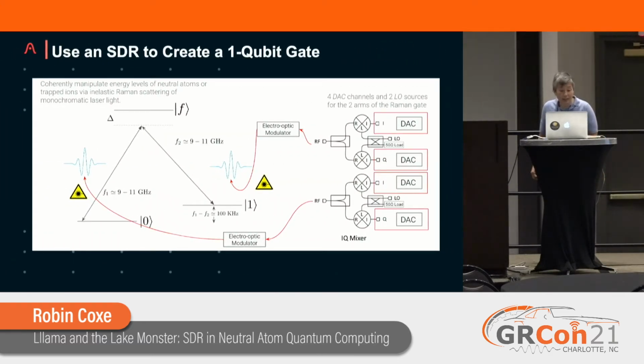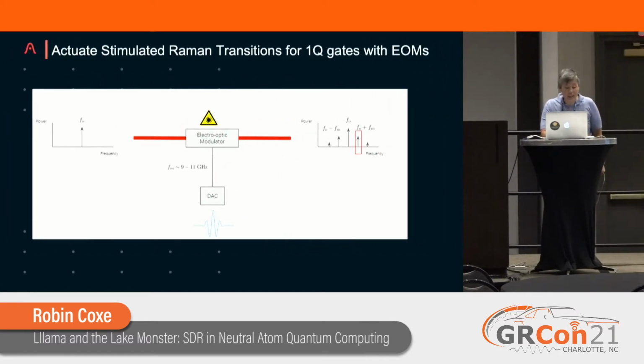How do we use a software-defined radio to create a 1-qubit gate? I talked about this process to go between 0 and 1 with our qubits. The way we actuate this is by running a laser beam through something called an electro-optic modulator, which essentially imprints an RF frequency onto this laser beam.